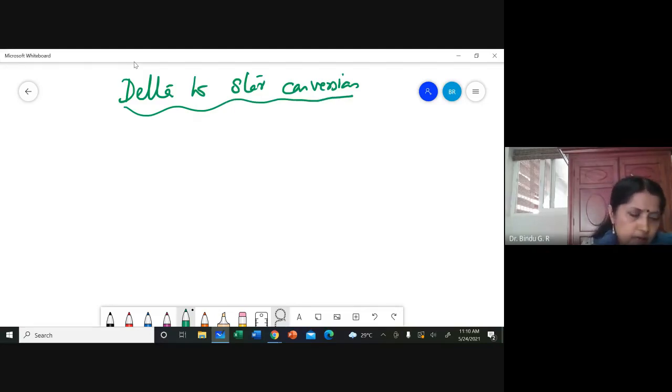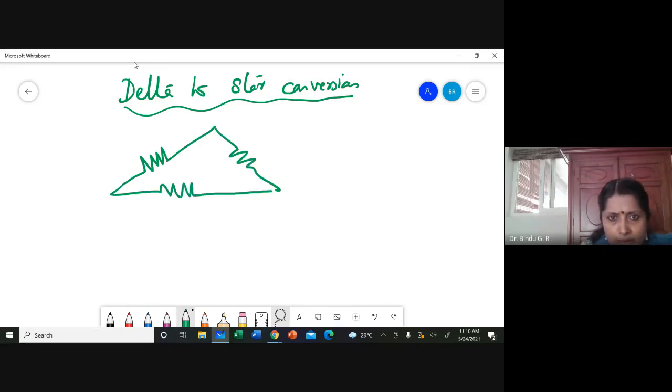So if I draw a delta, you want to change from delta to star. If I have an only resistive network, so all resistors, let me write this as RA, RB, RC.